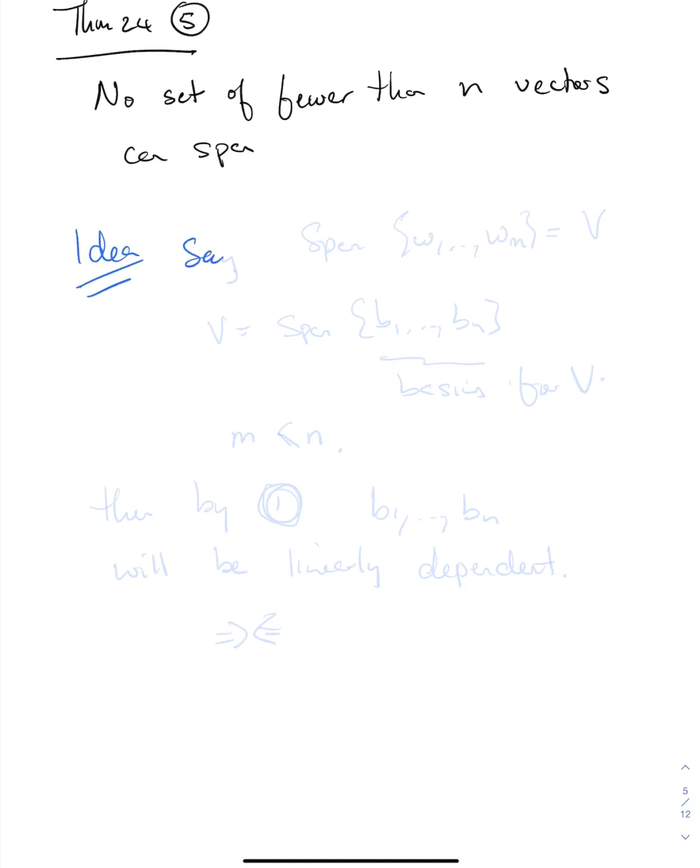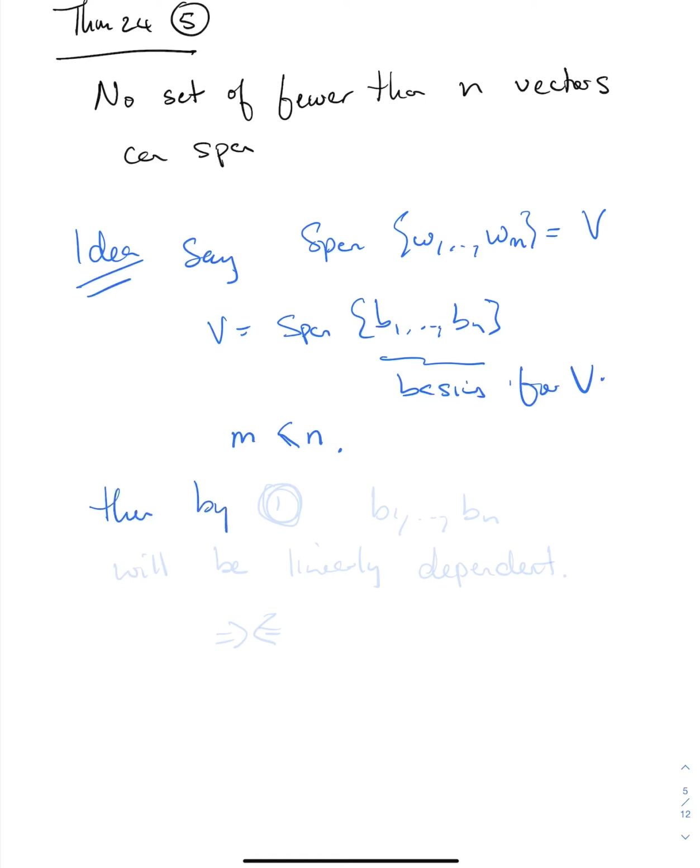Say the span of W1 through Wm is V. And remember, V is also the span of B1 through Bn. Let's say that this is a basis for V. Let's say that m is strictly less than n.